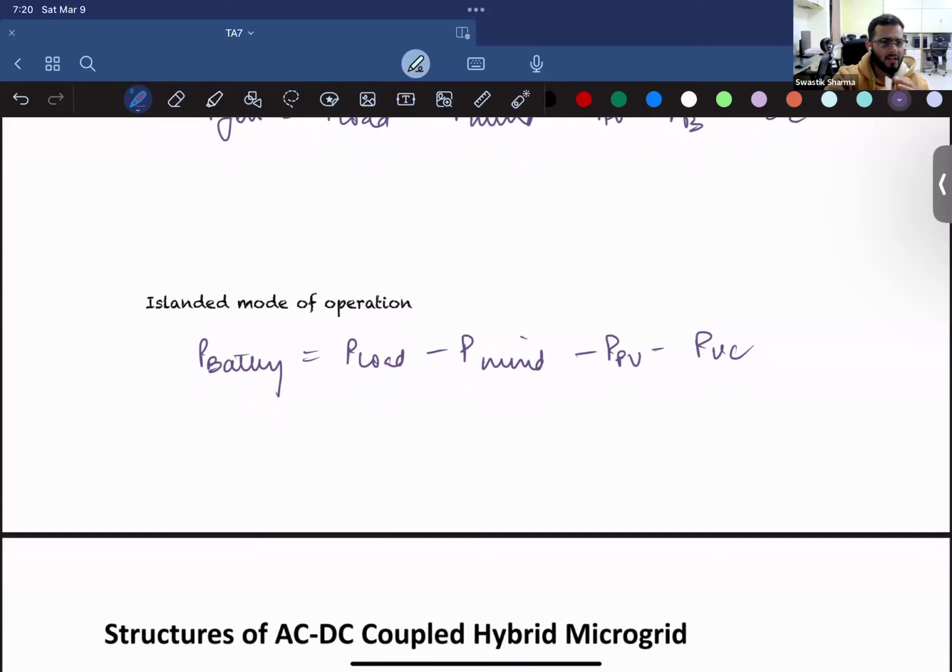You can't use all of your battery to meet that load because battery has to regulate voltage as well. So you shed some of that load by categorizing them into critical and non-critical loads. And the opposite happens when the generation is high and you have light loading.